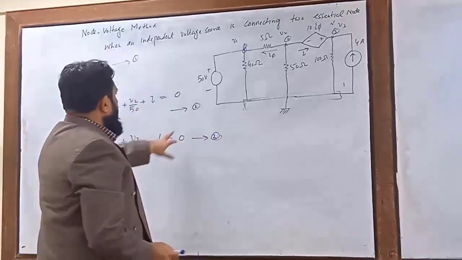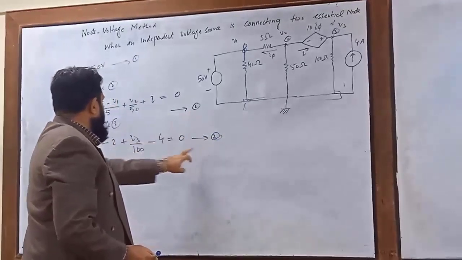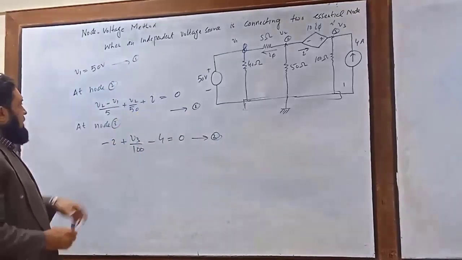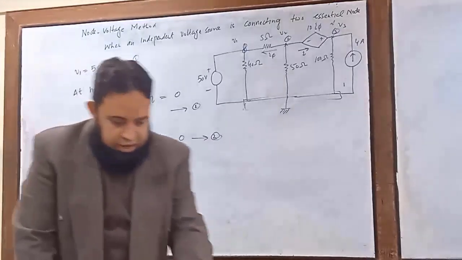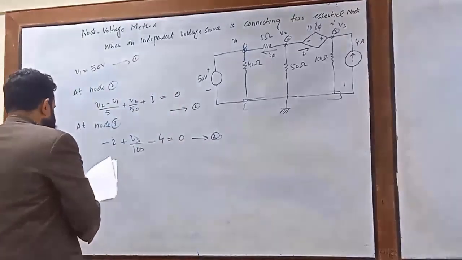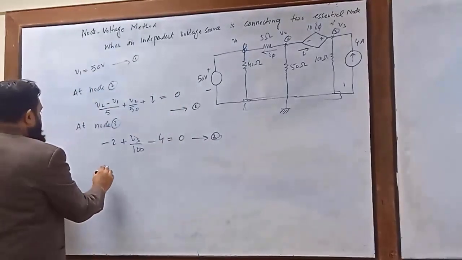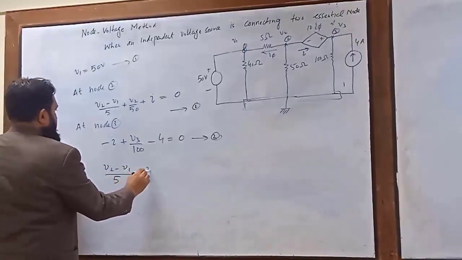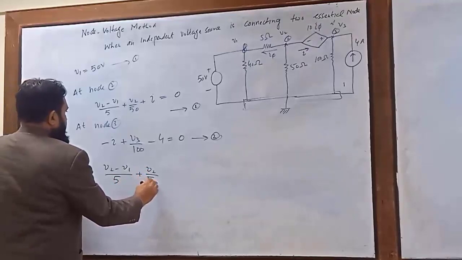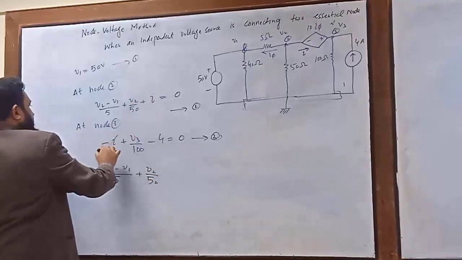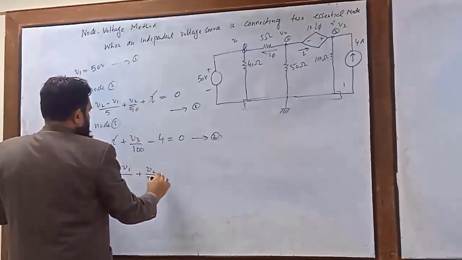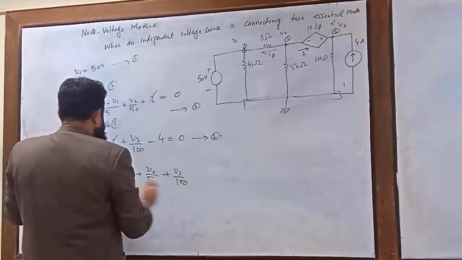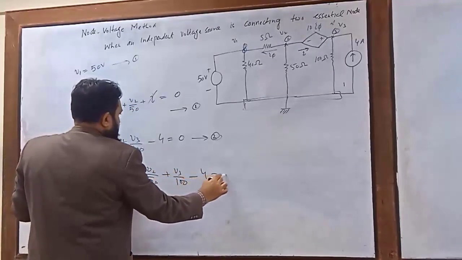If you add equations 2 and 3, this I will be cancelled, and we can write the resulting equation as V2 minus V1 divided by 5, plus V2 divided by 50, plus V3 divided by 100, minus 4 equal to 0.